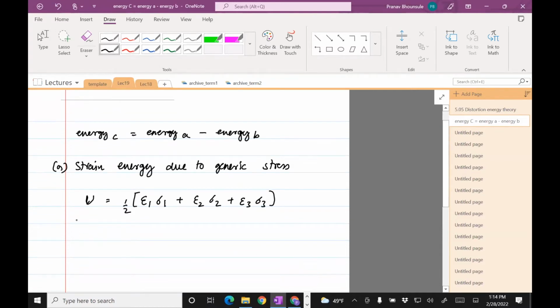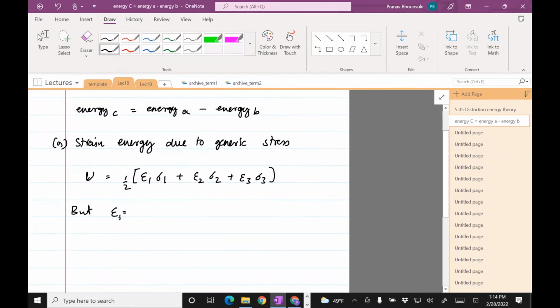Okay, but we have already seen the formula for strain in direction 1. It's basically sigma 1 divided by E minus the Poisson's ratio divided by E times sigma 2 plus sigma 3, and so on. So you can write a similar formula for strain in the second and third direction.